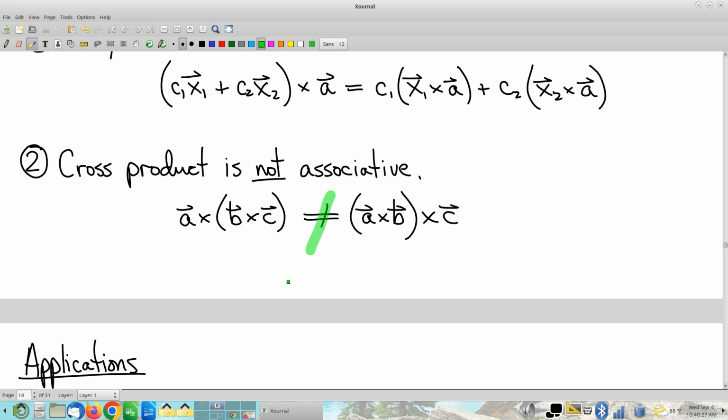Distributivity, commutativity, and associativity. And that's another disappointment of cross products. Cross product is not associative. You can't just move parentheses around. It just doesn't work. And it's not hard to convince yourself. You can write down some random-ish vectors, and you'll find that it straight up doesn't work.